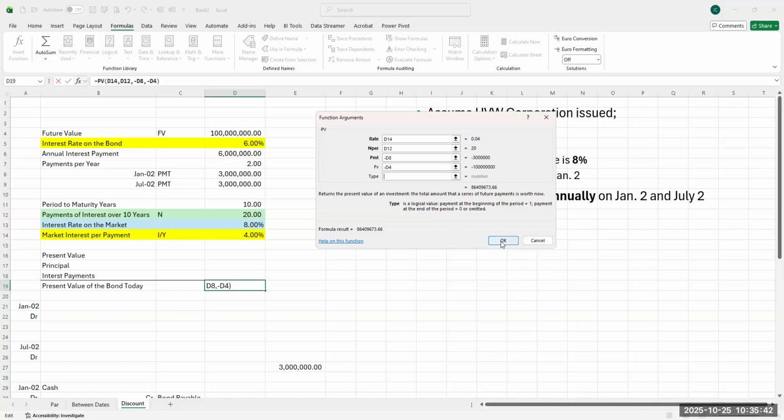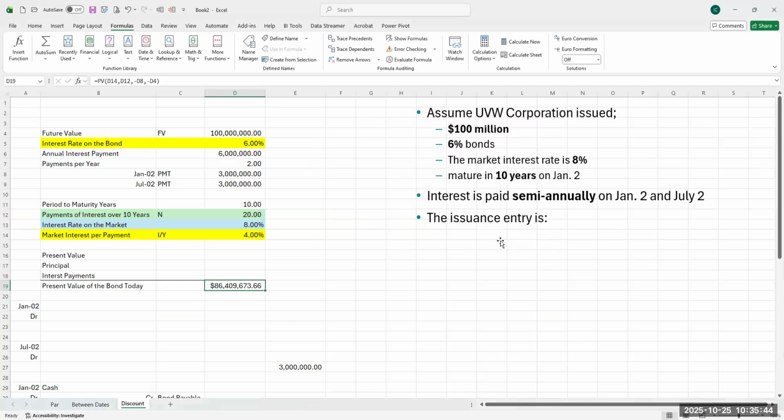And then when you press OK, it's going to give us our present value of the principal of 100 million dollars and interest payments of 6 million per year over 10 years.